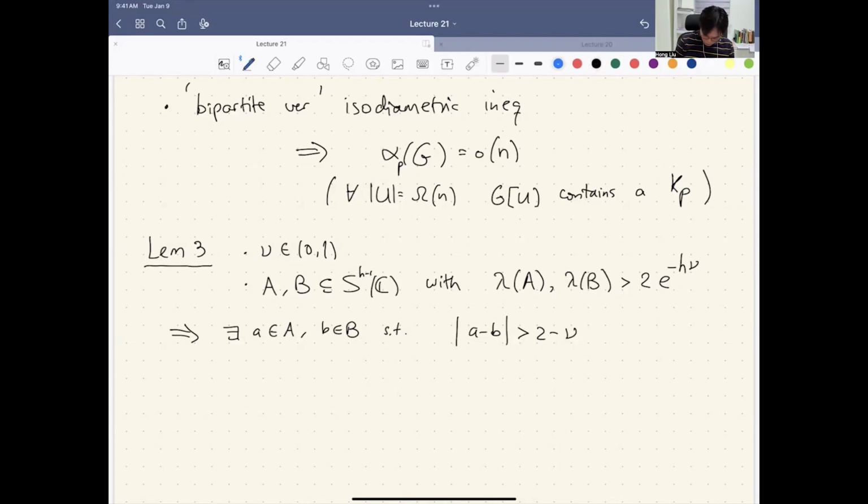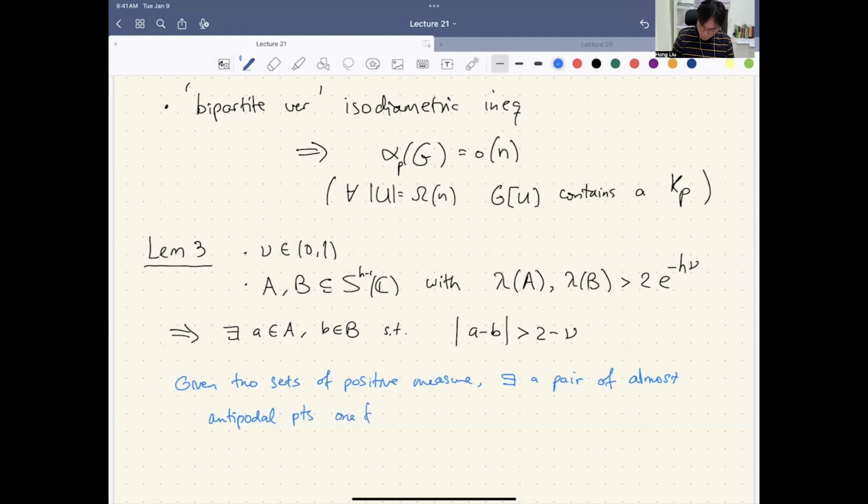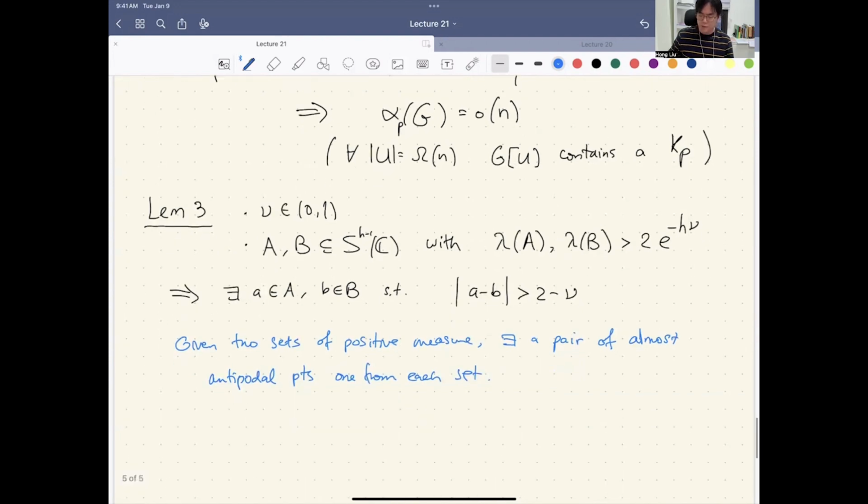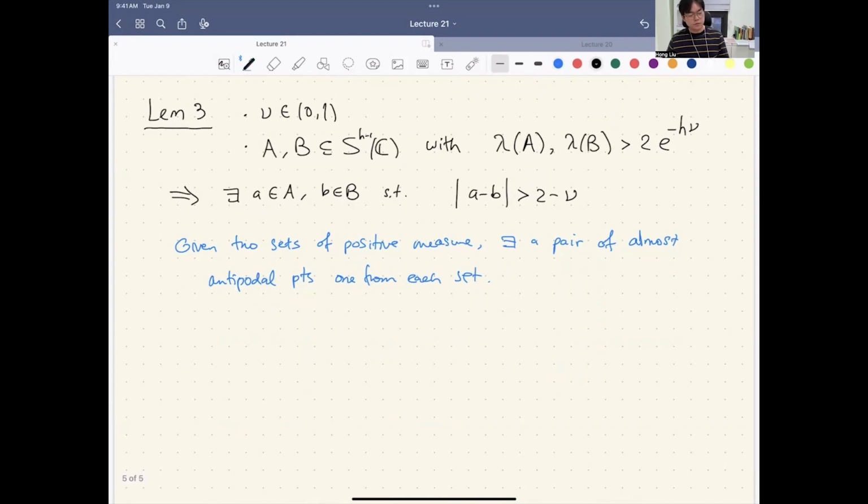Meaning, given two sets of positive measure, there exists a pair of almost antipodal points, one from each set. This is what it means. Let's take this for granted.